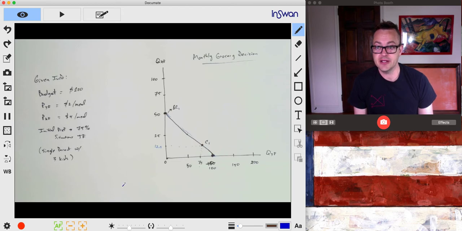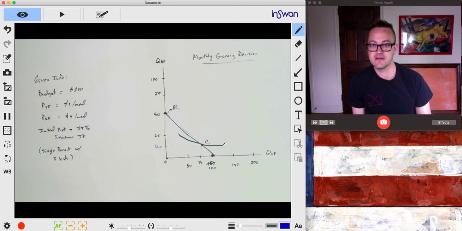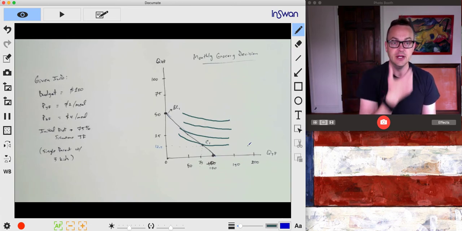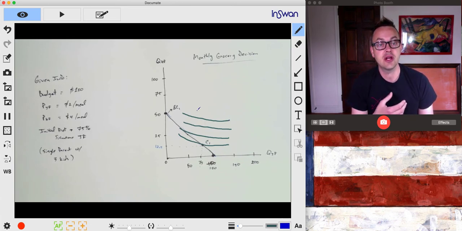On the other hand, the person's preferences could look something like this. Their set of indifference curves might go out this way. Maybe this person is truly constrained, but if they had more opportunity to buy healthy food, they would use it.